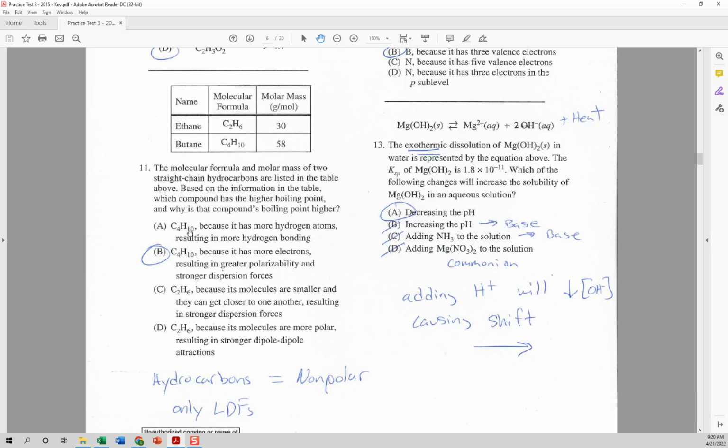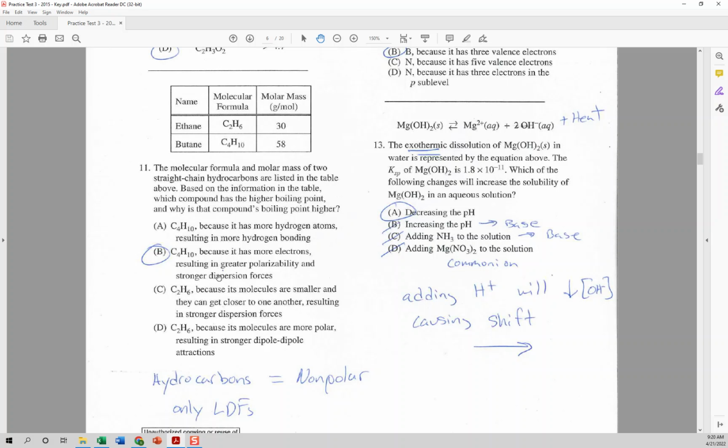And we're not going to choose A because it says it has hydrogen bonding, and you can only have hydrogen bonding if you're polar with a FON bond, but no FON bonds and nonpolar, so it has to be B. It says more electrons resulting in greater polarizability, and that means stronger London dispersion. Try to think of all the different ways they might illustrate what London dispersion is.